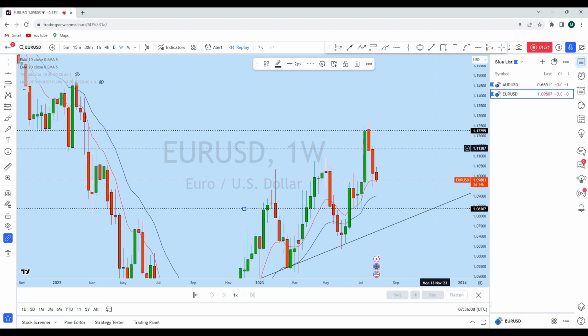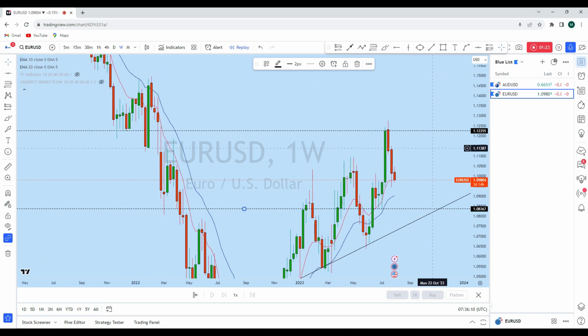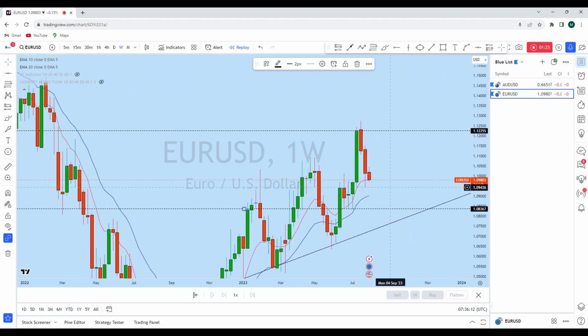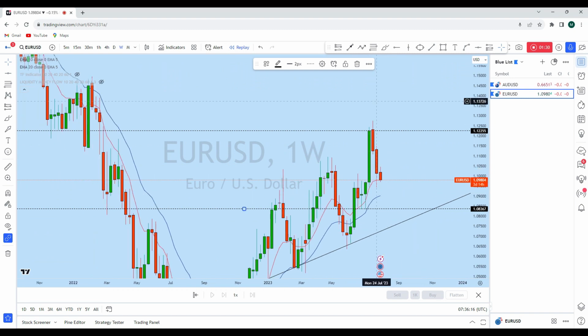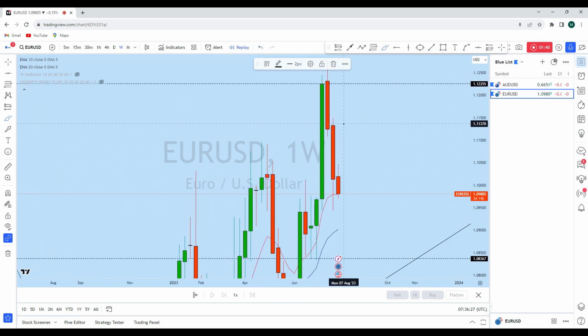If we look at the weekly time frame, EUR/USD is also showing potentially bearish price action. With this weekly impulse, the price has hit that important liquidity zone, and we have seen immediate rejection from that level. The previous week's candle had a gap opening, and there is a long wick at the bottom.